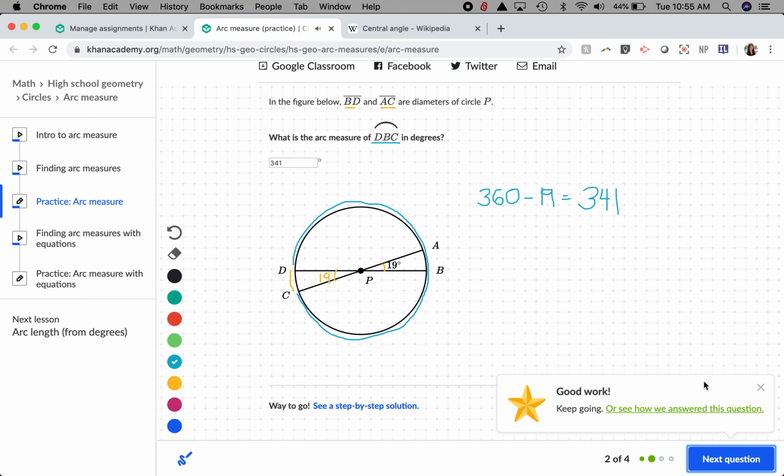That's it. Now, there's a lot of other ways that you could have approached this problem. You could have seen that this small angle and this big angle are supplementary, and that this angle and this angle will be congruent, and you can add all of those angles together.